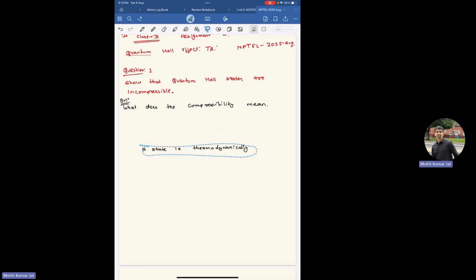Compressibility is defined as the parameter kappa, which is 1 by n squared, where n is the number density, del n by del mu at constant temperature. This has been derived in the class notes.